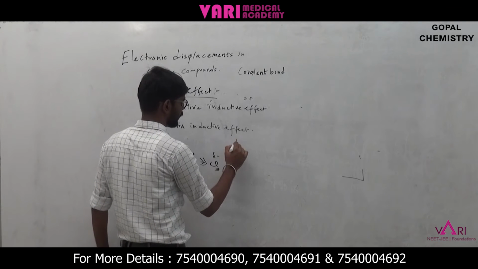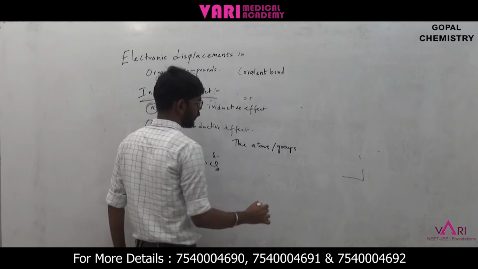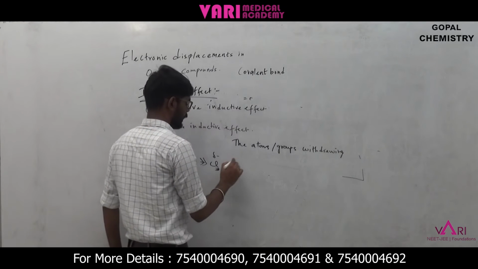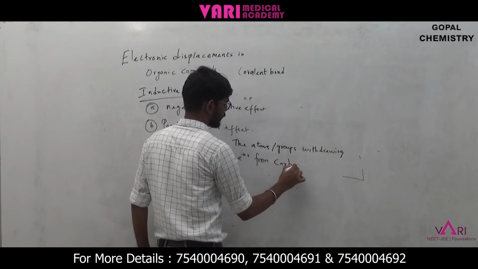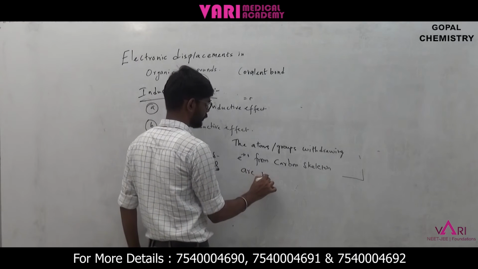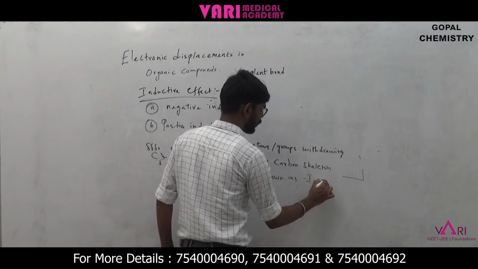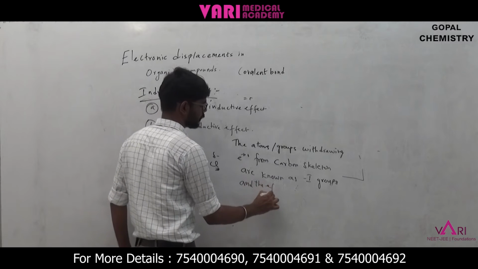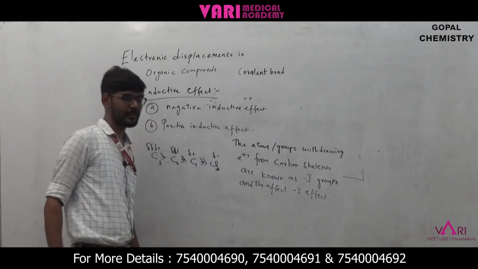The atoms or groups withdrawing electrons from the carbon skeleton are known as minus I groups, and the effect is the minus I effect. Okay, students, this is very important.